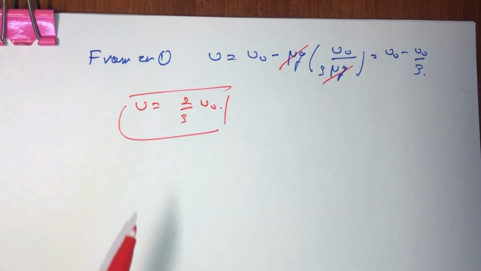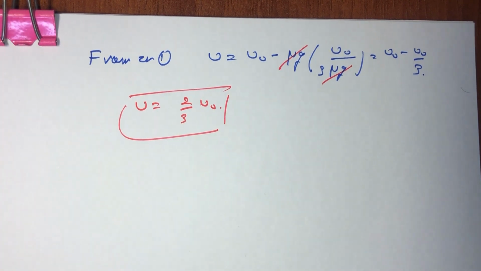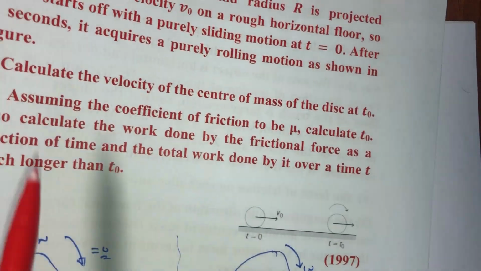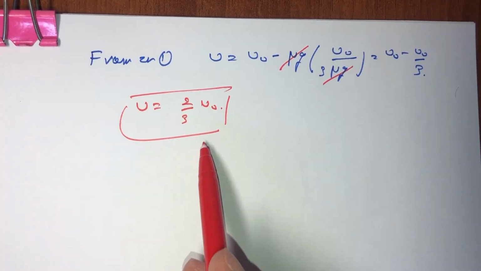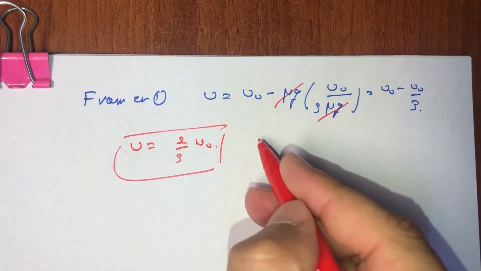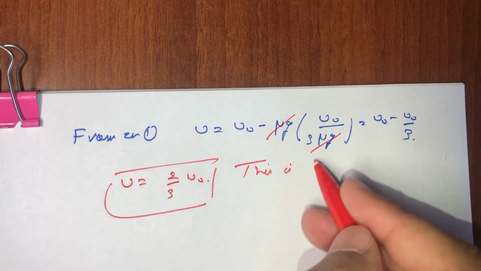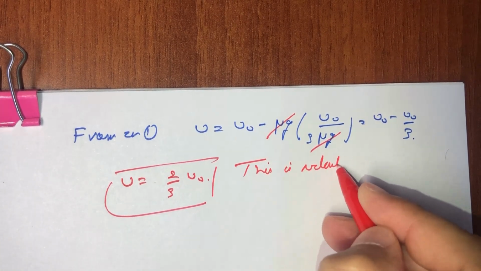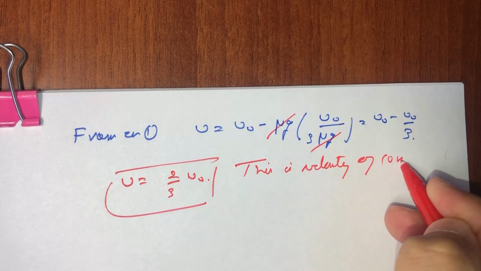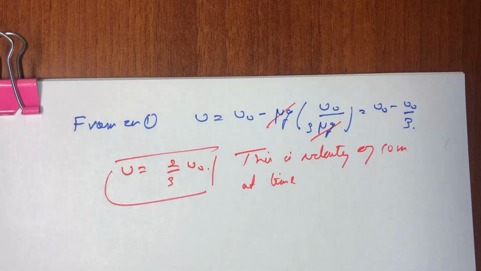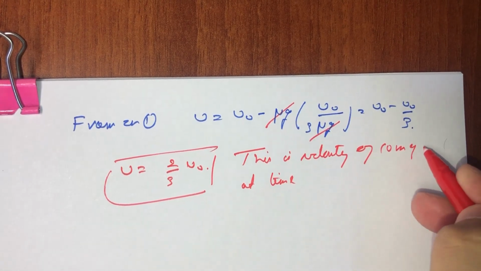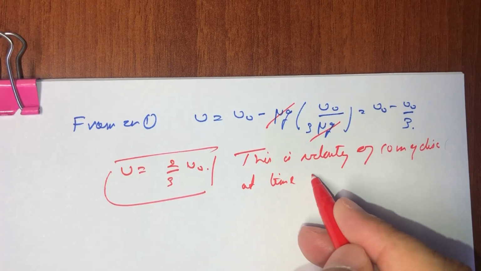Next, we are going to do the part B now. Okay, work done by the friction. In the first part, we were supposed to calculate the velocity of center of mass of disk at time t is equal to t naught. So we found out this is the velocity of the center of mass of disk at time t naught.